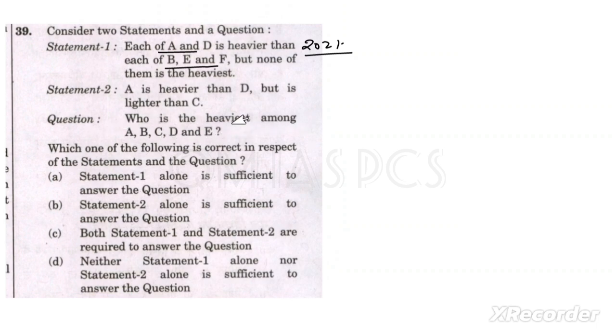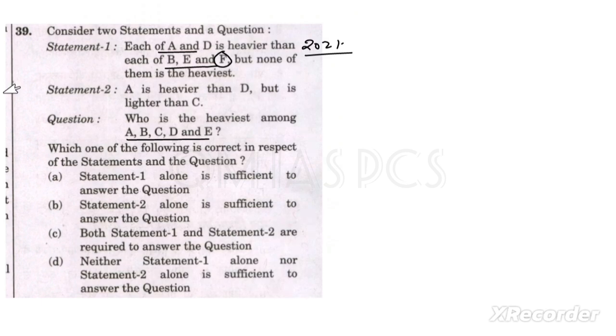Okay, so one thing, here you can see A, B, C, D, E, here you can see F also. Fine. So now try the statement 1.